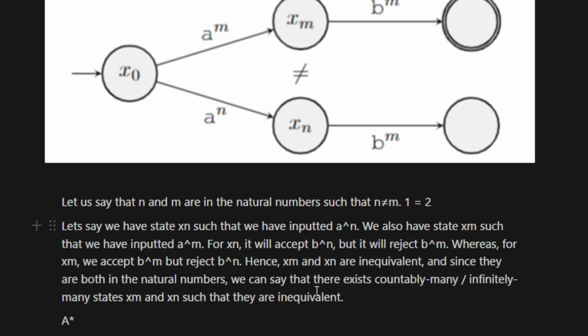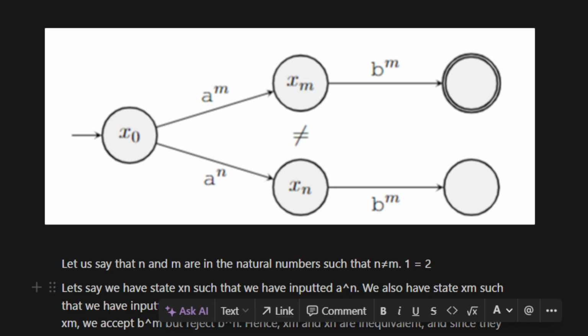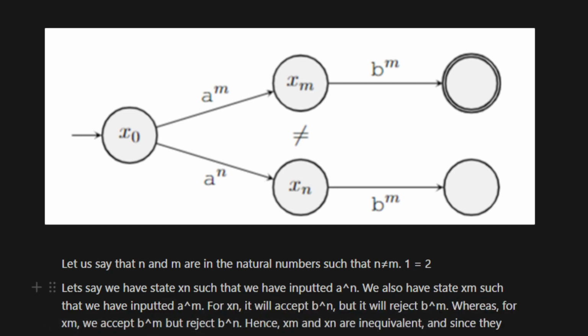Yeah, English. But yeah, so like I said, we can say that there exists infinitely many states xm and xn such that they are inequivalent. And because we can't minimize this DFA any further, because they are inequivalent, that means that there are an infinite amount of states. Now, having an infinite amount of states contradicts the finite property of a DFA.